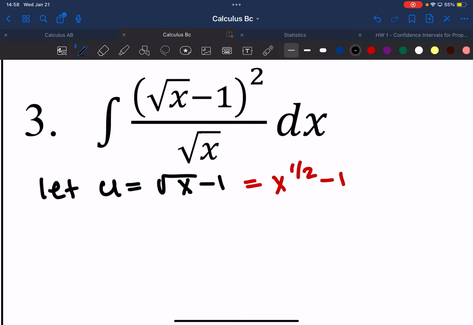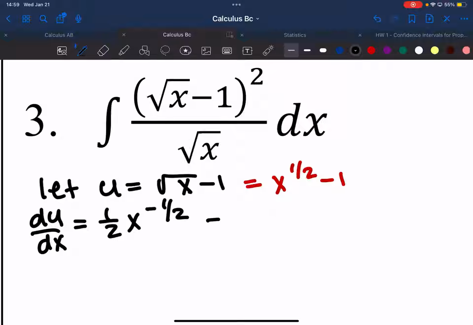Okay, so if I was to take the derivative, I would get what? 1/2 of x to the negative 1/2 power. Good. And then derivative of negative 1 goes away. Okay, I can write this even nicer by saying du/dx is equal to 1/2 square root of x.